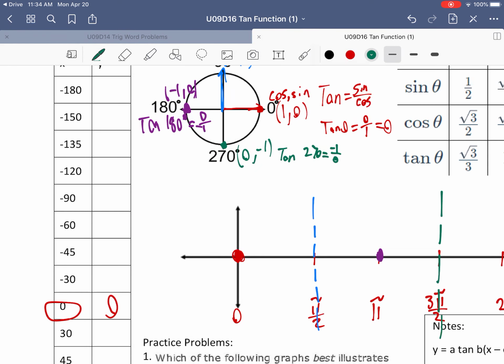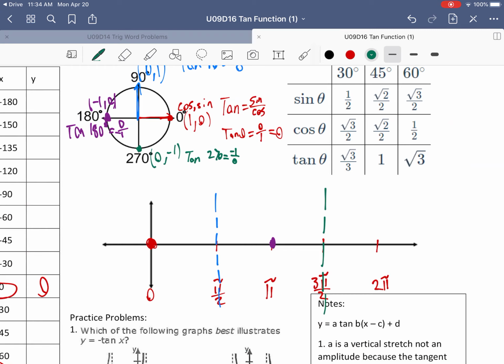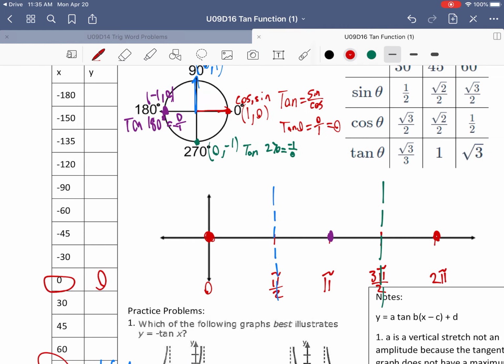So it appears to be undefined whenever we go to either 90 or 270, and any value that's coterminal to 90 or 270 will be undefined, and any value that is coterminal to 0 or 180 will be 0. So next we will go back to 360, which will be 0. If we went to -90, which would be on this side, we would be undefined, because that would be going this direction.